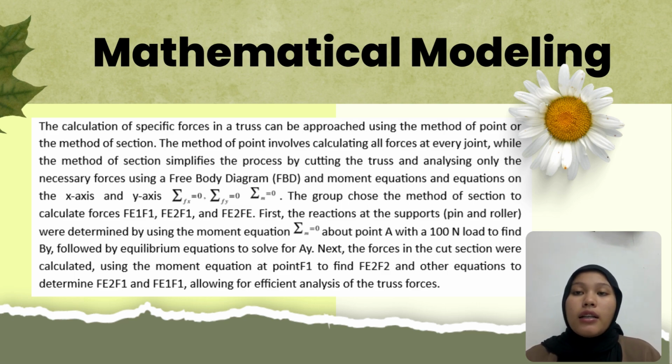This method enables the calculation of selected member forces using the equilibrium equations sum Fx equals 0, sum Fy equals 0, and sum moment equals 0 without having to solve for every member in the truss.